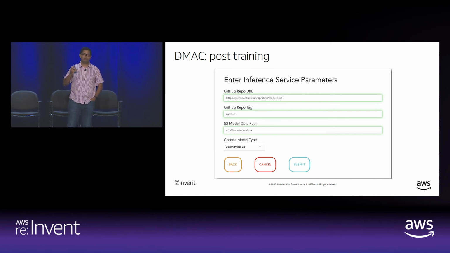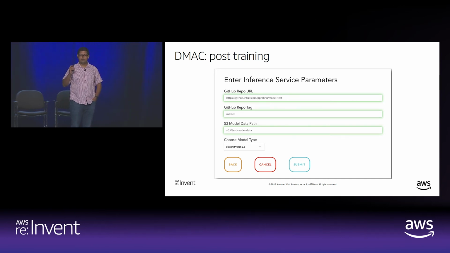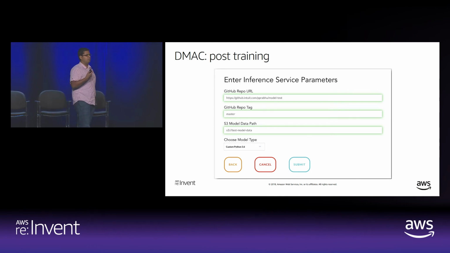I give this tool the location of the GitHub repo where the model code resides, which branch or tag needs to be built, and the path where the model artifact lives. Once I say submit, behind the scenes it kicks off a Jenkins job that picks up the Git repo, runs the setup Docker tools to create the image, and pushes it to ECR.